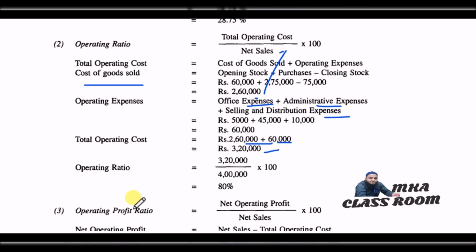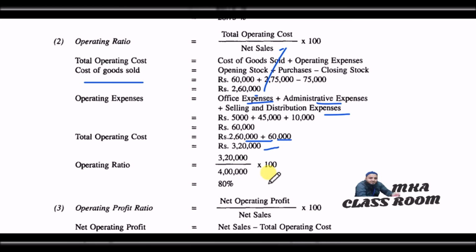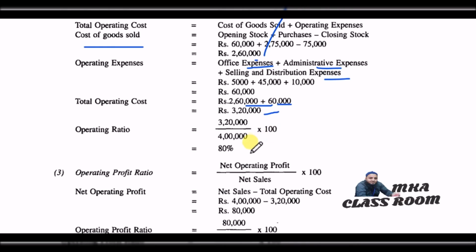Then the ratio is total operating cost divided by net sales. Then we have found the operating ratio. After that, operating profit ratio is net operating profit divided by net sales, where net operating profit is net sales minus total operating cost.